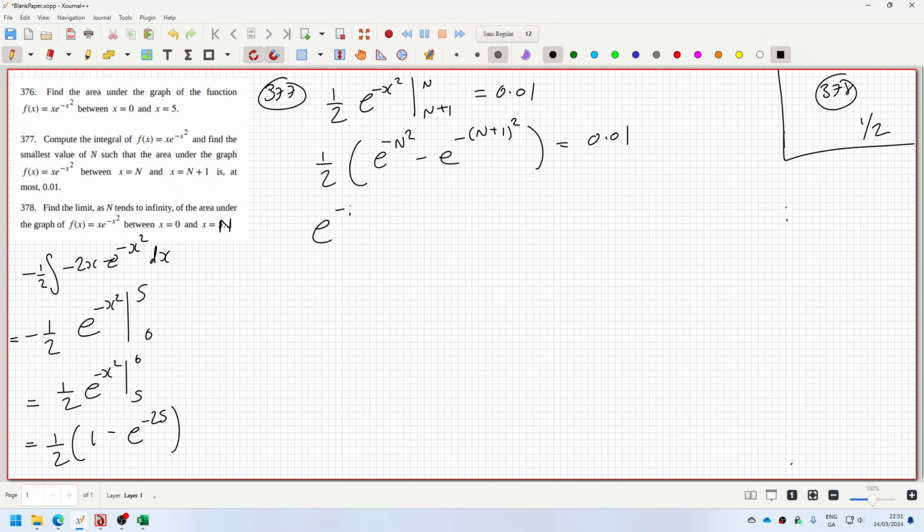e to the power minus n squared minus e to the power minus n squared minus 2n minus 1 equals 0.02. What am I going to do? Multiplied by e to the power n squared. No, because then that would add it there.